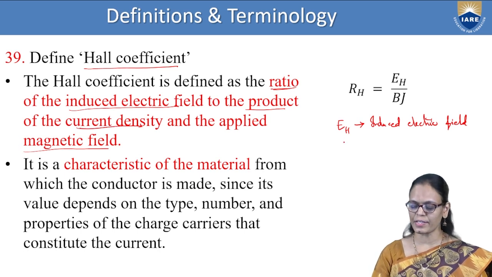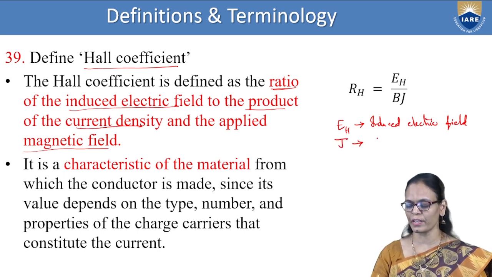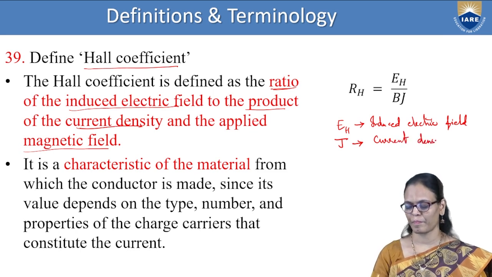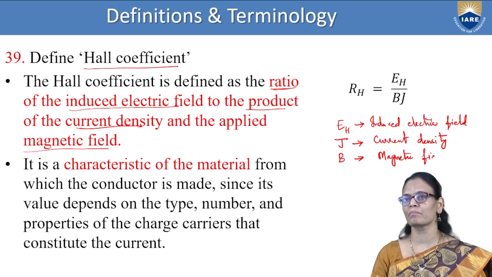And the current density is denoted by J. And B represents the magnetic field.